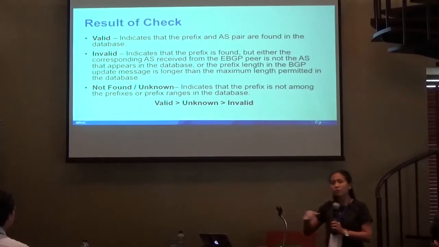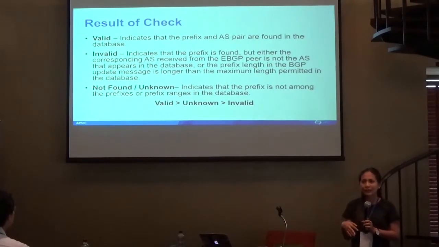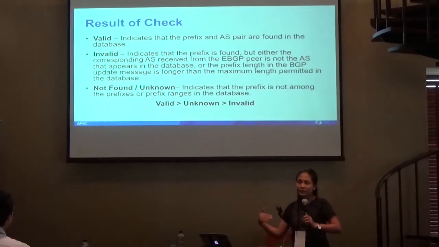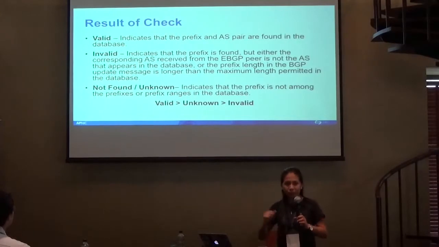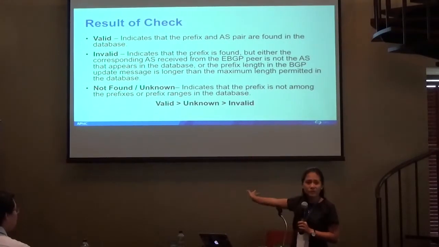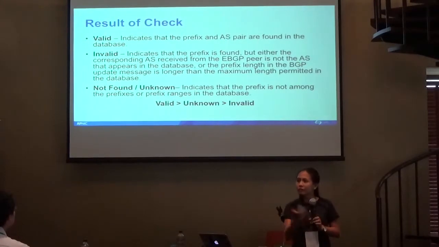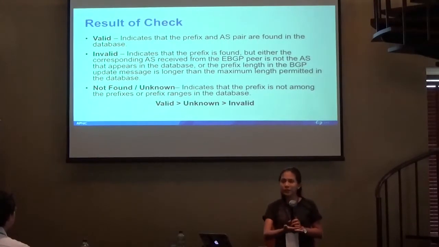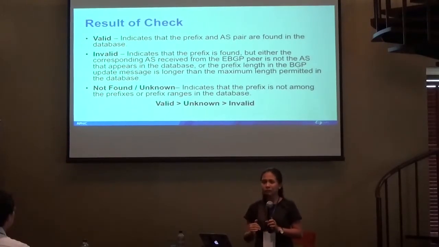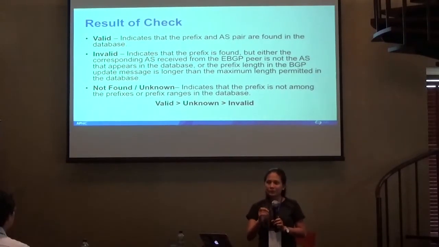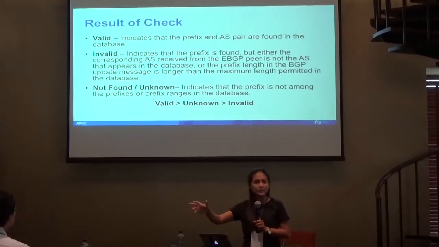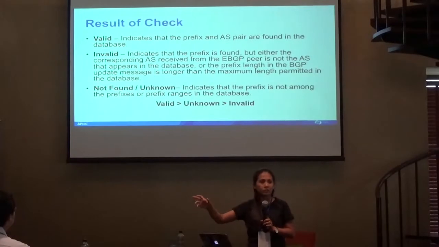So I have announced 2406:6400::/32 from AS17821. I've created the ROA object for that. It will be added onto some repositories, and then your router can do validation. Your router can check, I have this prefix on my routing table, is it actually originating from this AS number?